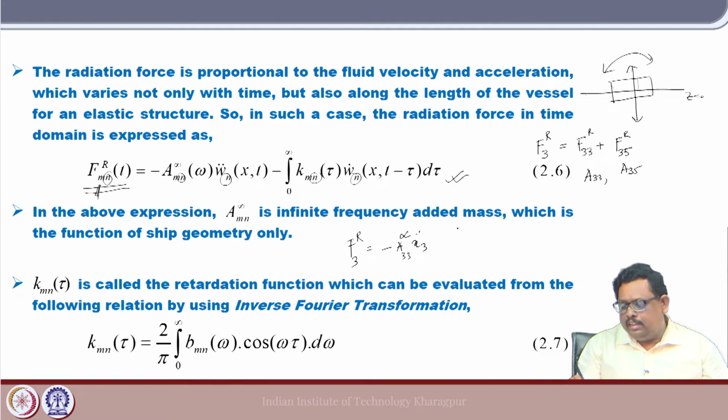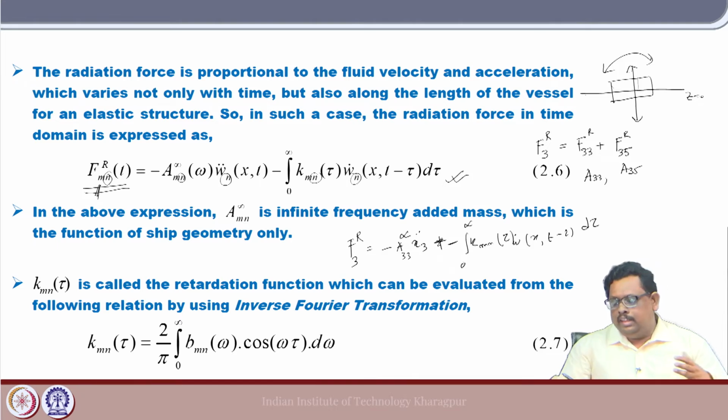Let us ignore all the other modes, only writing for one single mode. Then it is plus, or sorry, minus, integral from 0 to infinity of k m n tau, which is the memory part of the solution, into x dot, at x comma t minus tau, d tau. This we know in case of a rigid body, right.